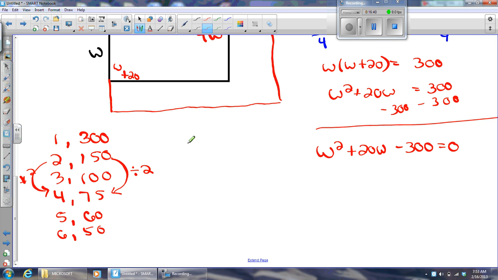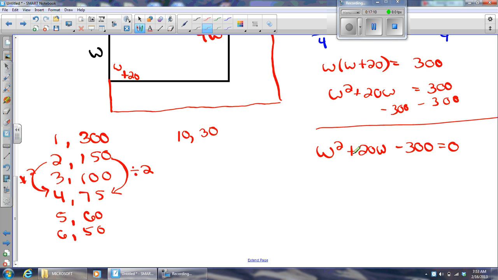I don't believe 7 is going to go into 300 evenly. 8 isn't going to work because if I double 4, I get 8, but if I cut 75 in half, I don't get a whole number. I get a fraction or a decimal. 9 isn't going to work because 3 plus 0 is not a multiple of 9. 10 will certainly work. 10 and 30. Oh, look at that. Now, by the way, if you see 10 and 30 right off the bat, you don't have to list all these, okay?